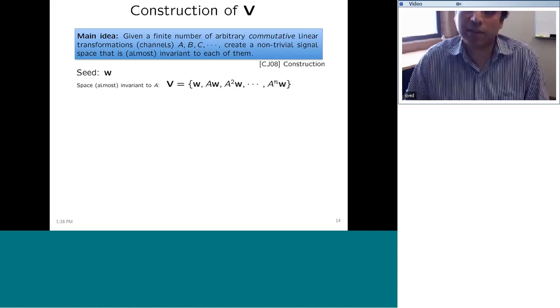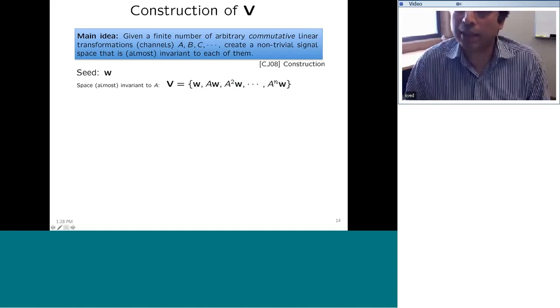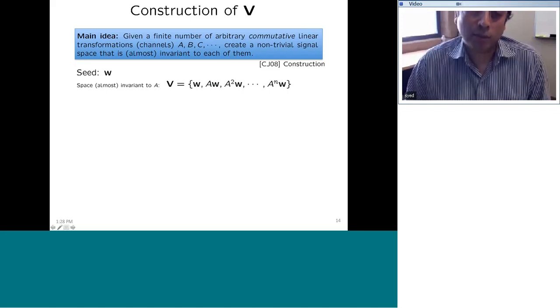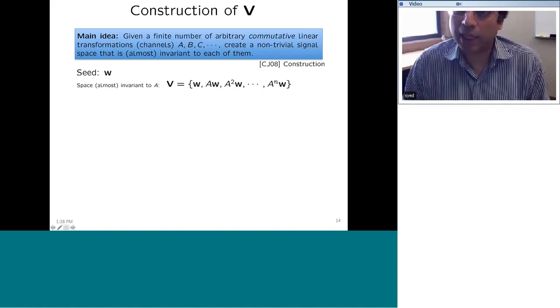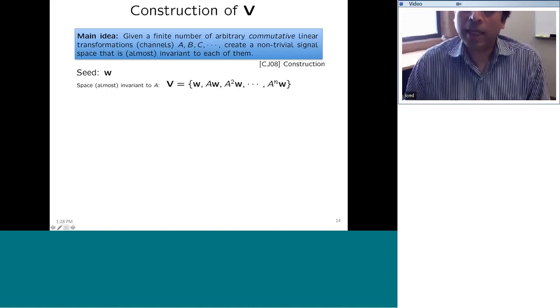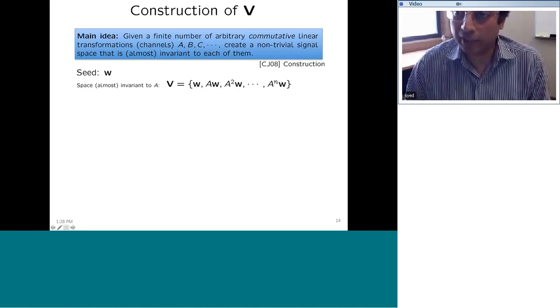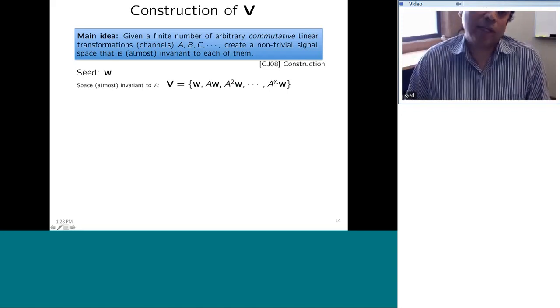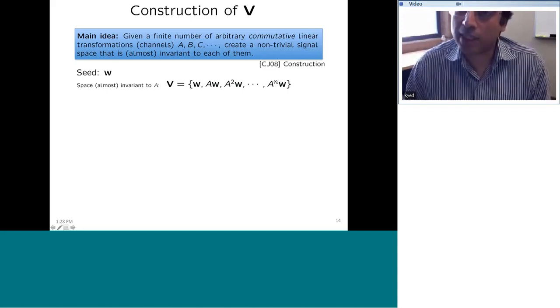The first vector is W, the second one is AW, and so on. Let's see what would happen to V if we multiplied it by A. If you multiply V by A, meaning you multiply each element of V by A, then what you get will almost always be inside V. Multiply W by A, you get AW, but AW is already in V. Multiply AW by A, you get A squared W, which is also inside V. And that will continue, except for the last term.